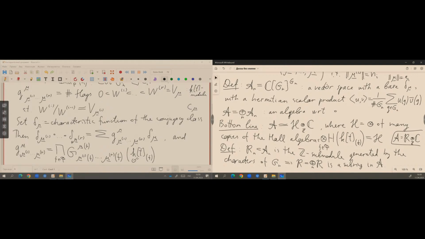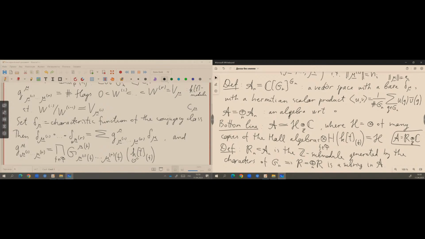Okay, and this is an important point, because the argument, as I said, will be sort of ad hoc. We will produce certain candidates to characters, and then we will see that they generate the same Z module as R, and they form an orthonormal basis of this module, and so they must be plus minus characters.